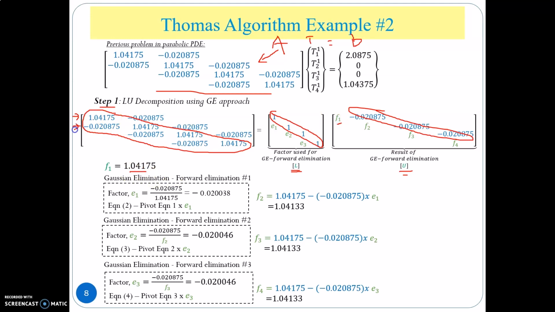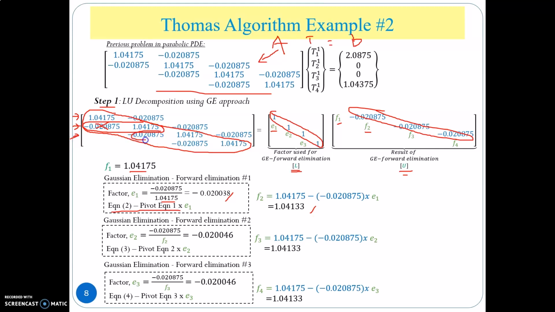For row 2, we perform the forward elimination on these two elements. For the first element, to make it 0, we need the factor E1. So E1 is equal to this. After you compute it, we substitute inside this equation: take row 2 minus the pivot row 1, multiplied by E1. Then you obtain your F2, which is this answer. We continue with the third row.